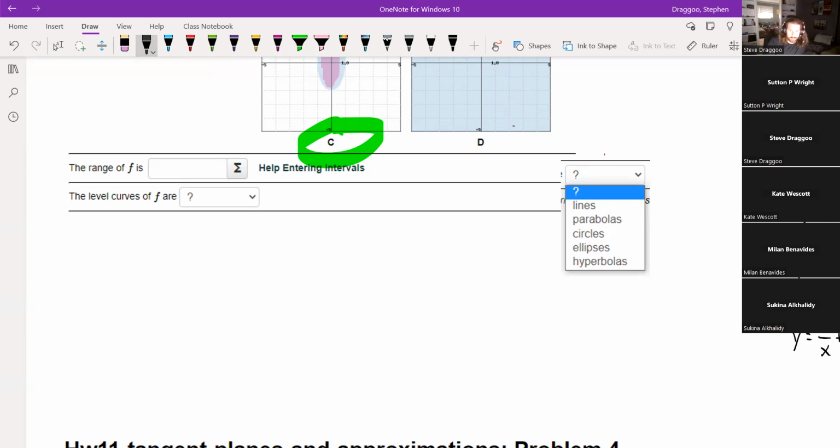What do I think I want to do? Maybe it'll help to start by looking at, oh, that's what I did. I skipped over a question, didn't I? Before we get to the level curves, we should figure out the range of this function. It would help if I could read. So yeah, let's find the range.